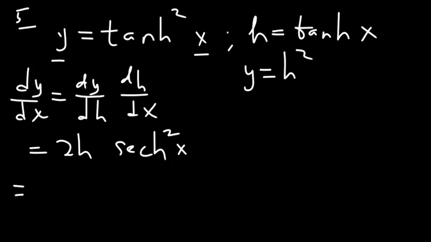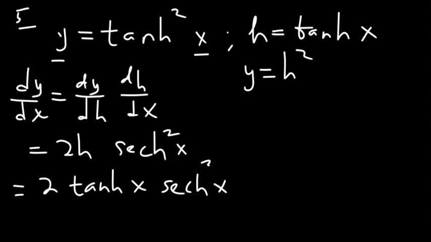Putting back the h, you get 2 hyperbolic tangent of x times hyperbolic secant of x squared.